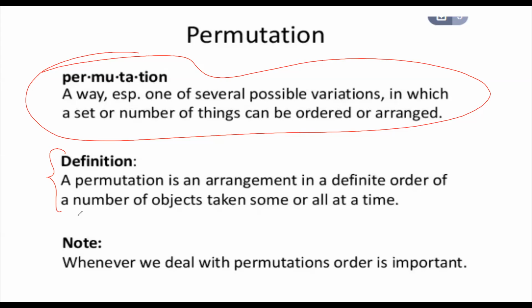So maybe you have a set of objects, and you want to know, well, how many ways can I take? Let's say you have some red marbles, you have some green marbles, you have some blue marbles, and you want to know how many ways I can take 3 marbles from all these marbles.